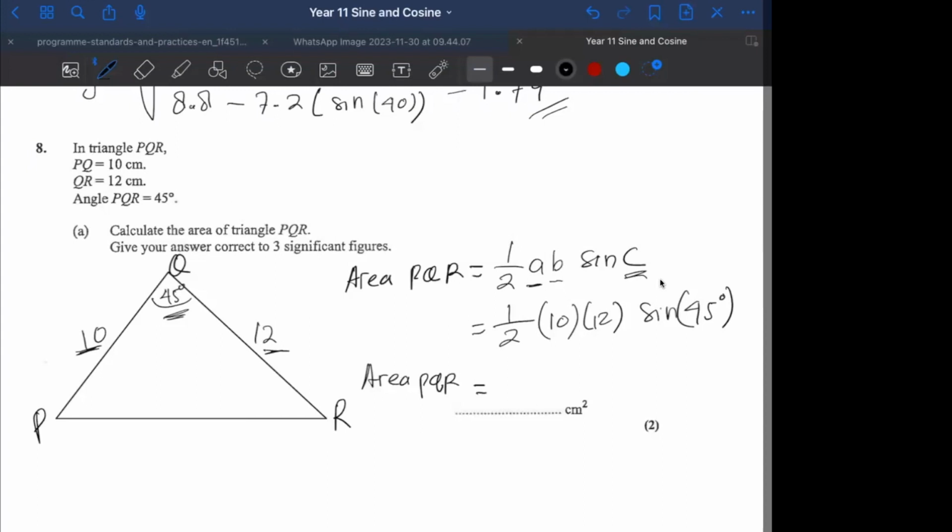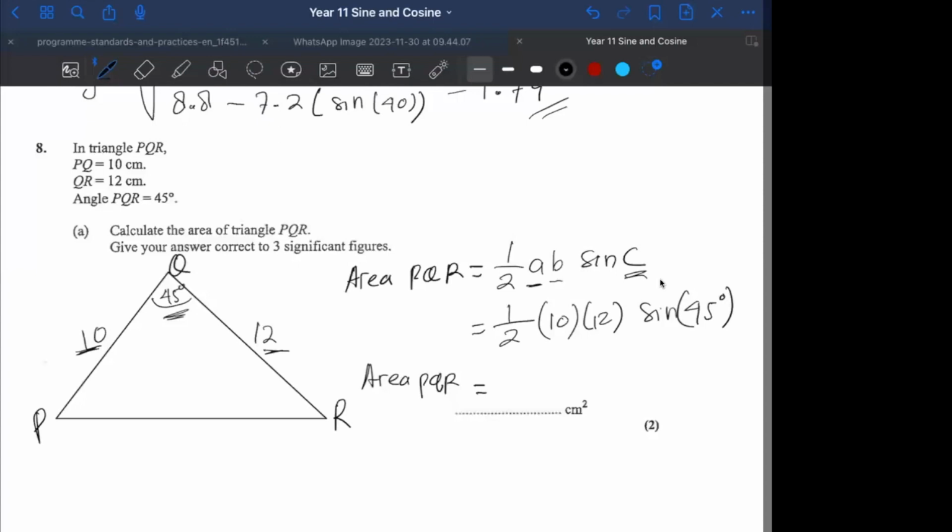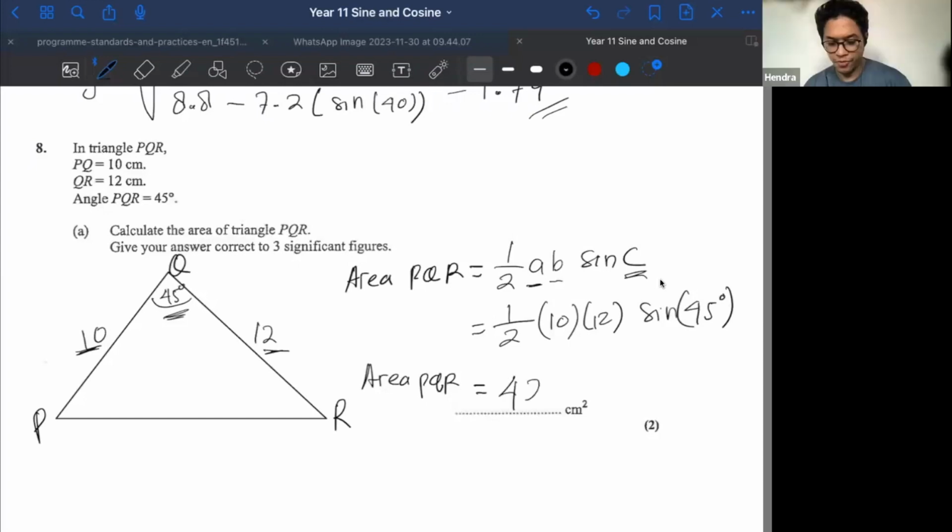Hold on, I'm doing it again. Into 3 significant figures. 30√2, which would be 42.43. 42.4.